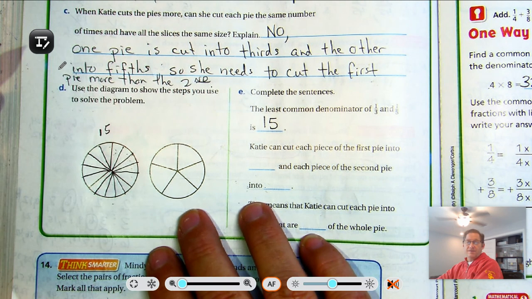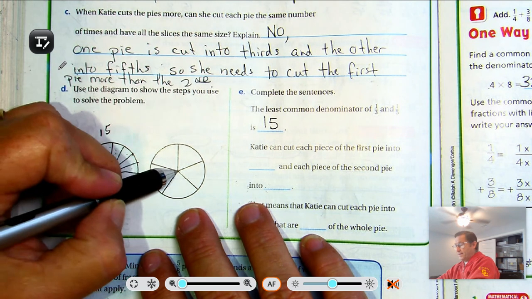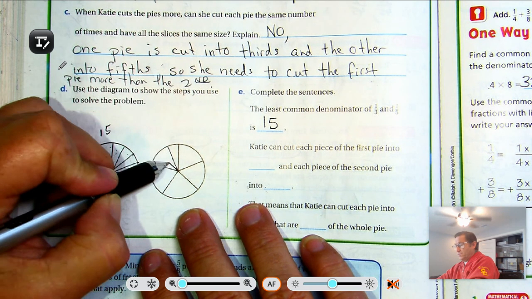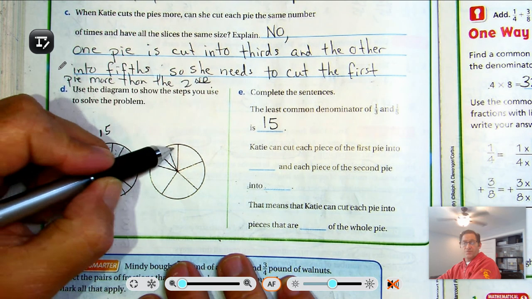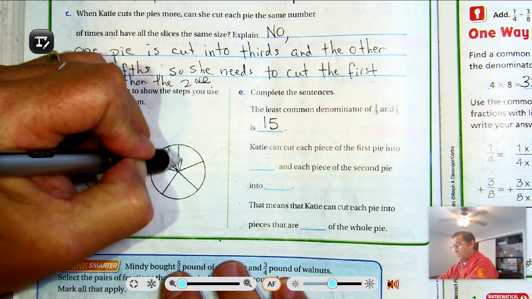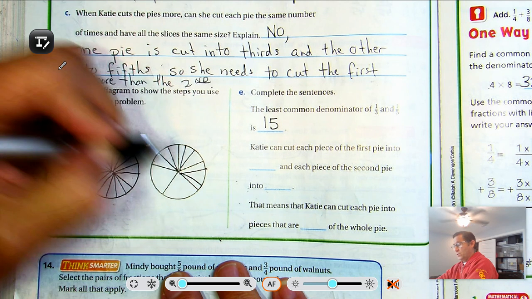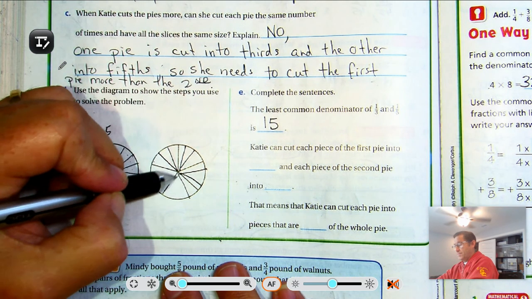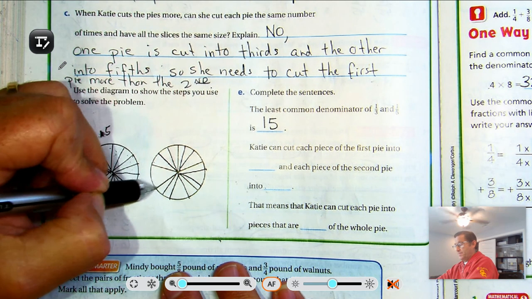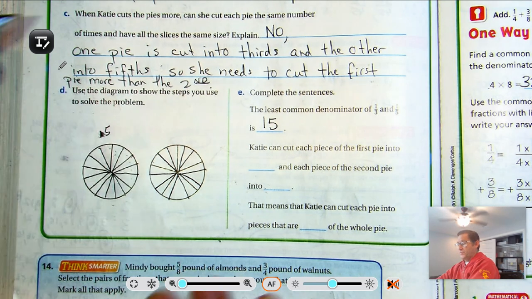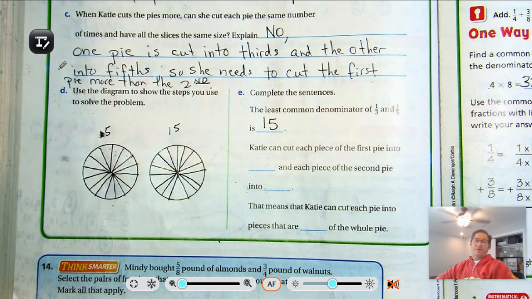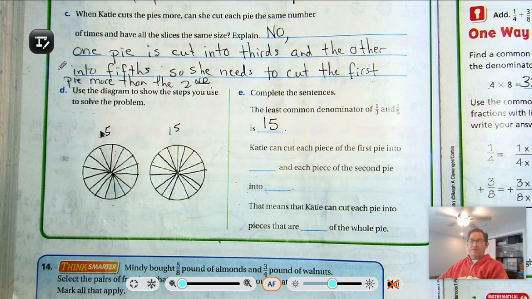This 1/5, in order to get 15, we'd have to break each of them into 3 slices. 1, 2, 3. And we still have 15.